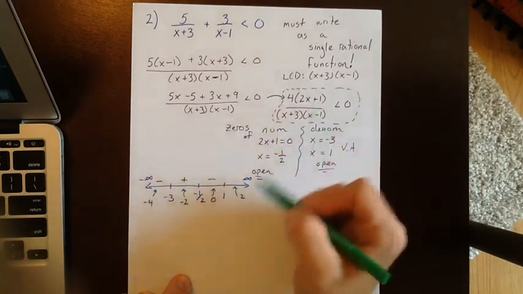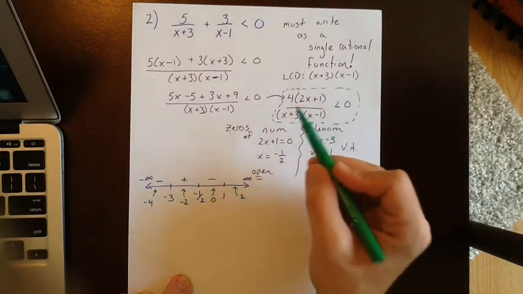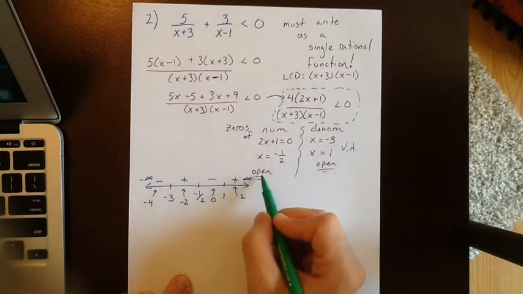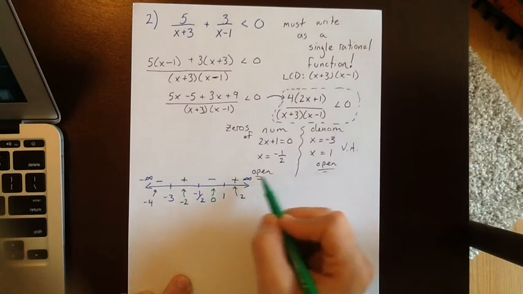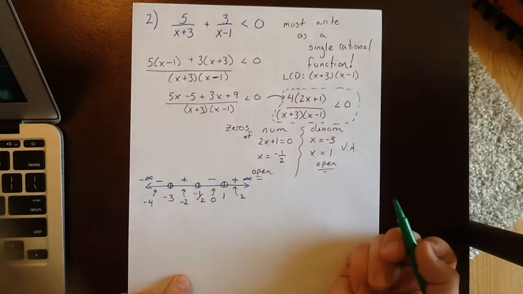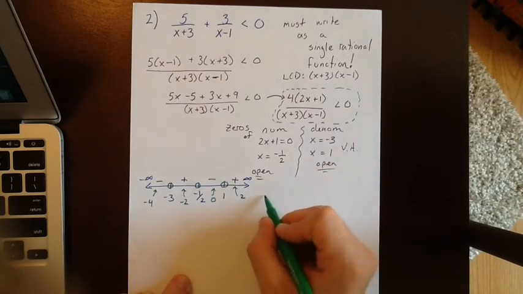Placing 2 in, we should get all positive: positive, positive, positive. Alright, and each of our zeros were open. And we have a solution set.